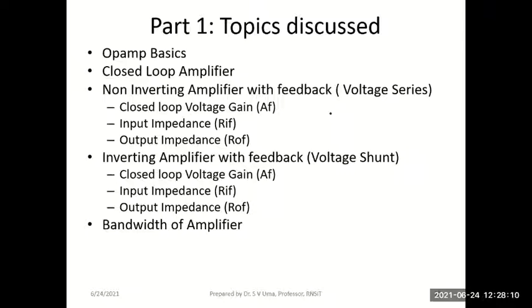But we can still design an op-amp to work like an amplifier by using negative feedback in the circuit. So these are the various things we are going to discuss in part 1 of this module.